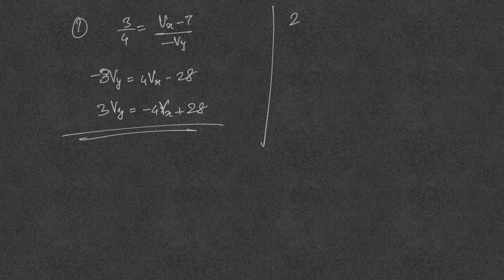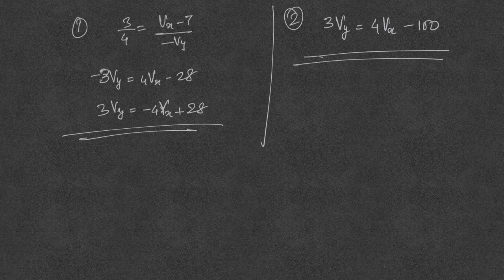Now the equation 2 that we got on the previous page was 3 Vy equals 4 Vx minus 100. These two equations are very simple to solve. Let me replace 3 Vy: you have minus 4 Vx plus 28 equals 4 Vx minus 100.